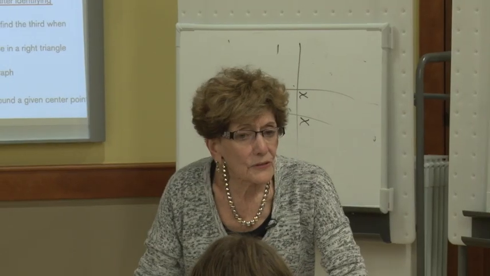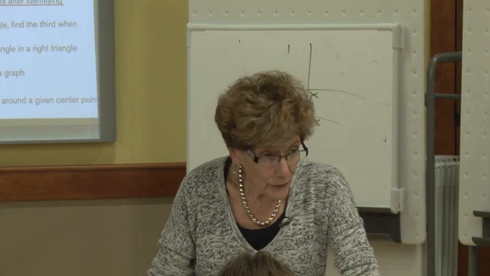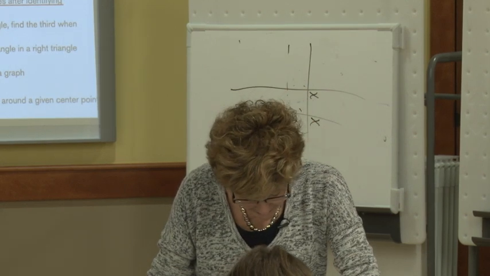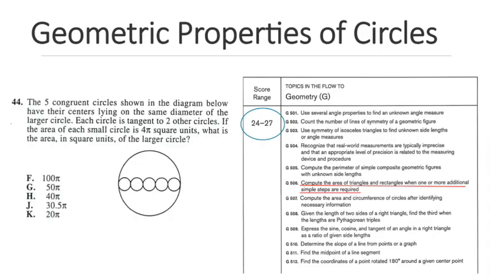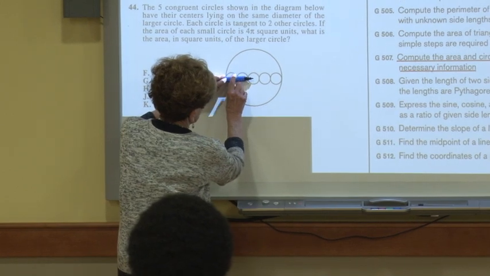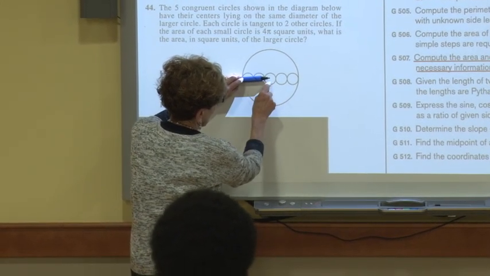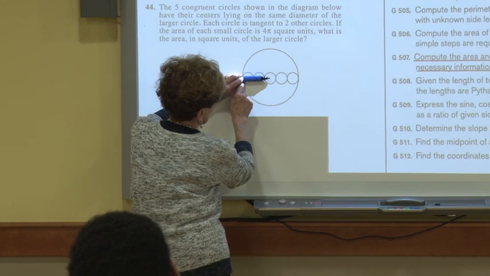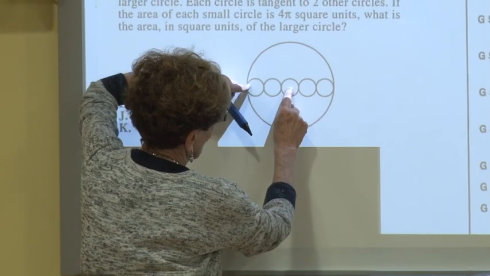And to find the area of a circle, you need a what? You need a radius. So draw the radius of the large circle. Put a point in the center, and your radius is going to be from here to here.